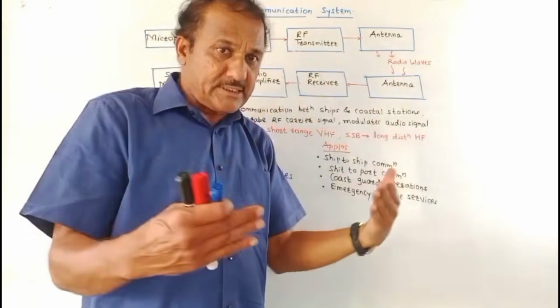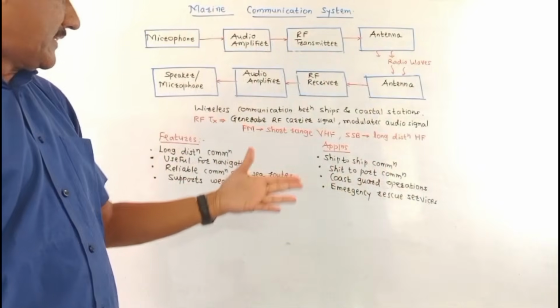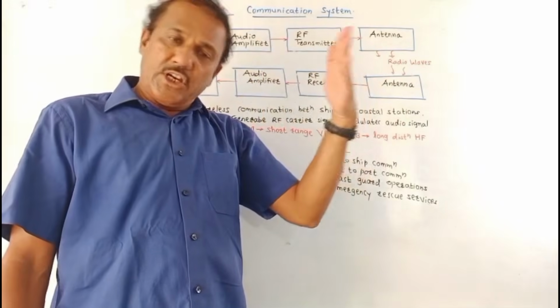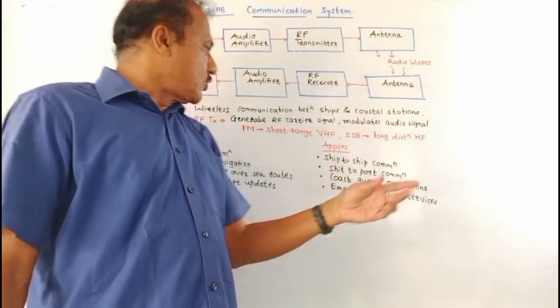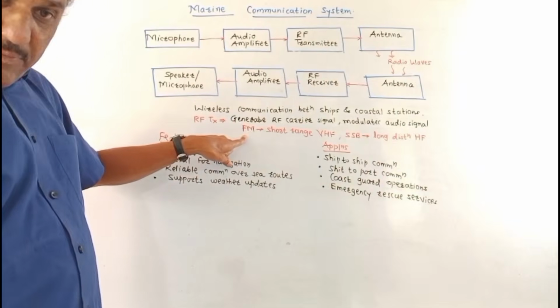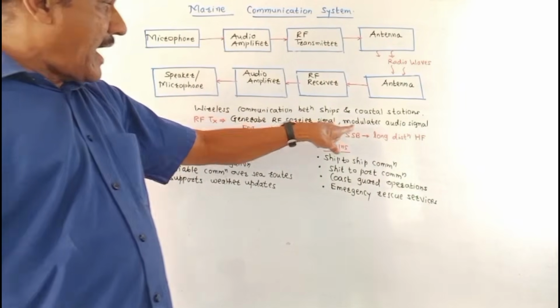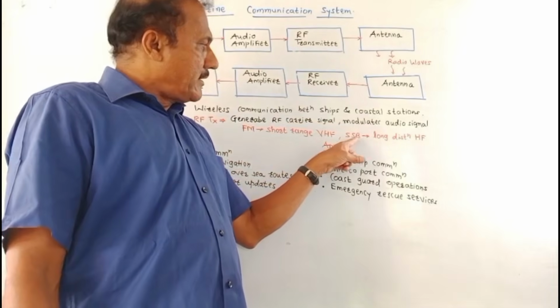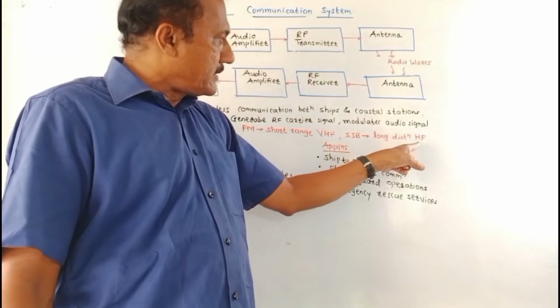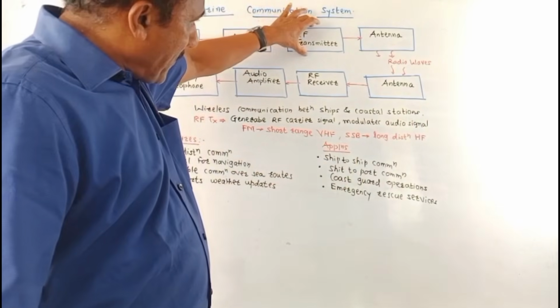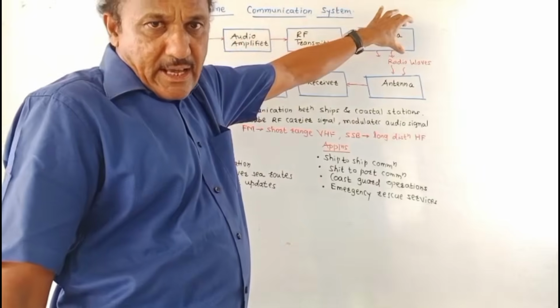That means it modulates the audio signal. In case of aviation, we discussed mainly in VHF band, amplitude modulation is used, whereas in this case, FM, frequency modulation, is used for short range VHF, and SSB, single sideband, is used for long distance high frequency communication. Then the output of the RF transmitter is applied to the antenna.